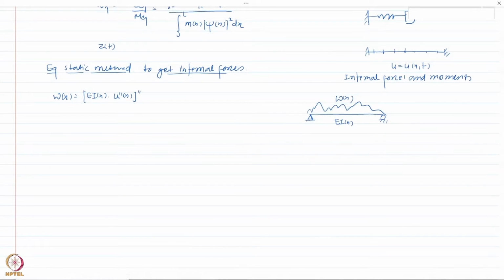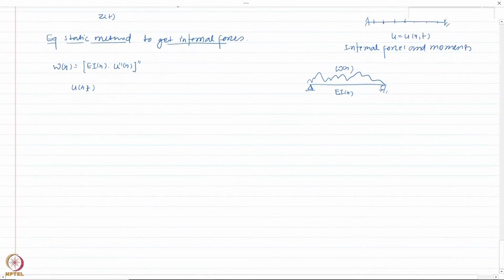Now the equivalent static method basically says that if I have analyzed a system and found the value u(x,t), or at any time instance I found the u(x), the internal forces in the system can be found by applying an external force, which is equal to omega x here, and the same displacement u(x) through the stiffness component of the structure.